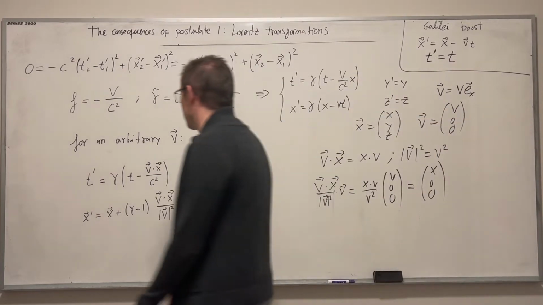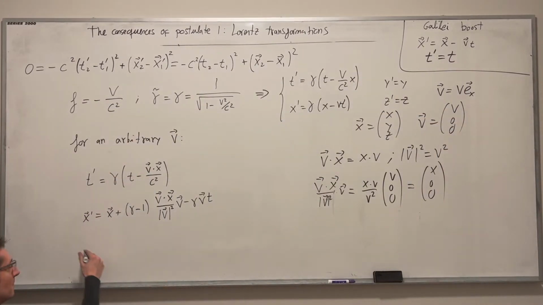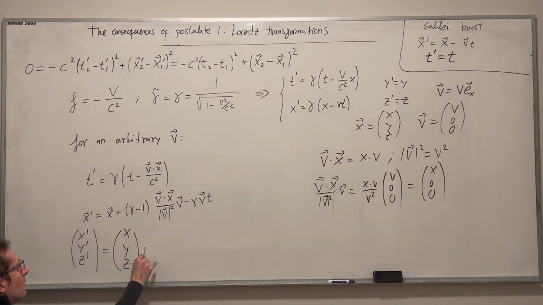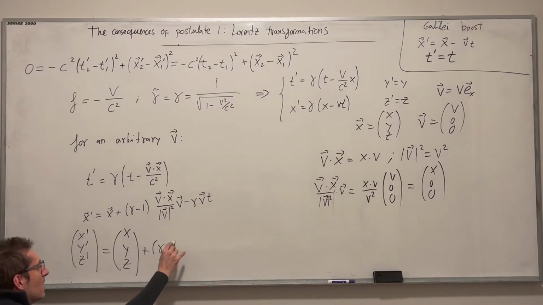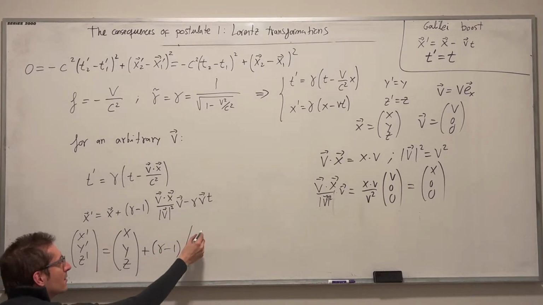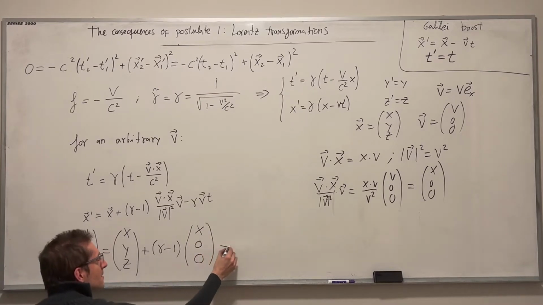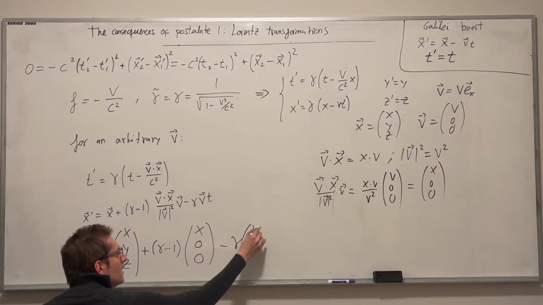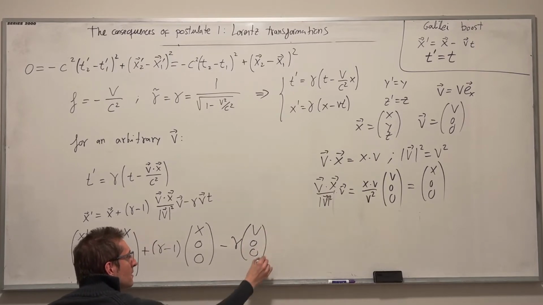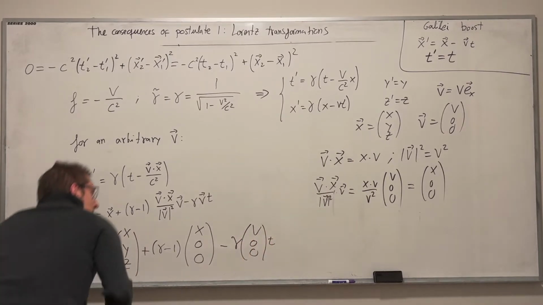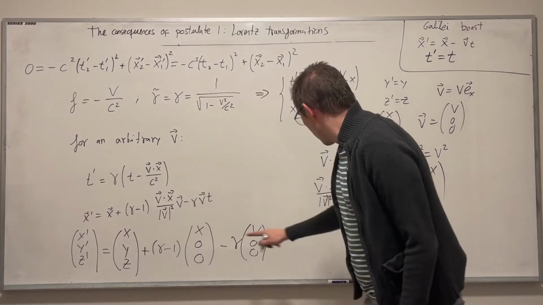Well, let's see what happens when I substitute here. The transformation will tell me that x prime, y prime, z prime is equal to x, y, z plus gamma minus 1 times the vector x, 0, 0, minus gamma v, 0, 0, t. All right, so let's extract the three equations. What happens with z?